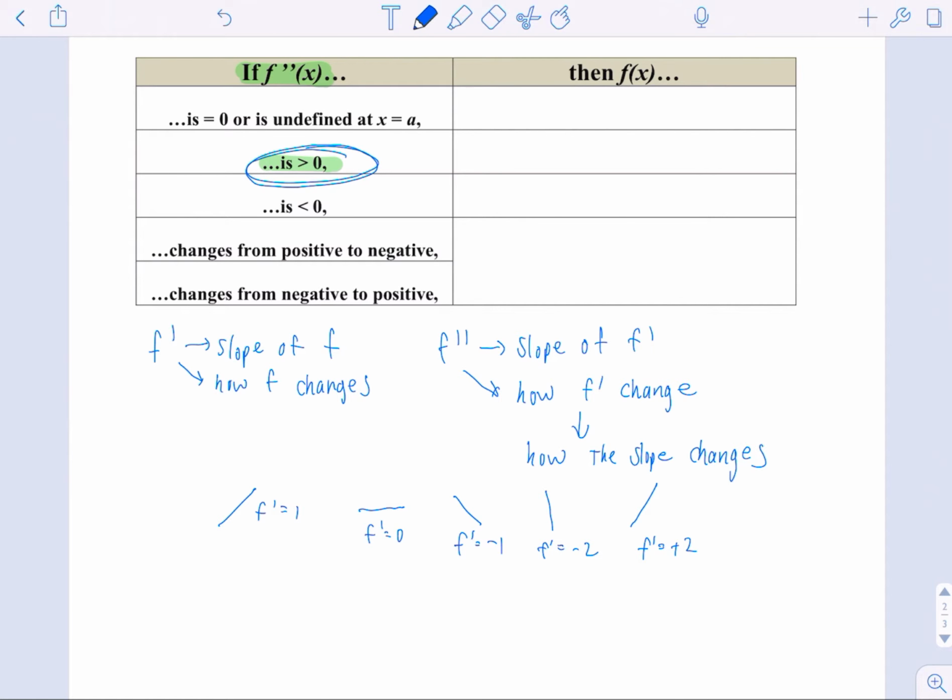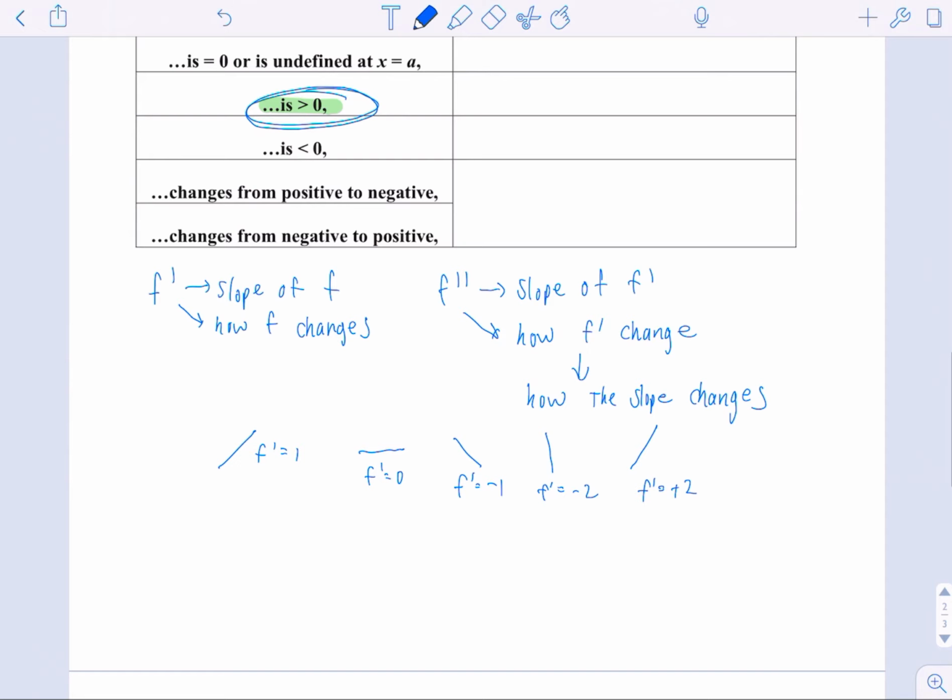Okay, so if we want to figure out how the second derivative is positive, what this really means is how the slope changes to be more positive. Okay, more positive. So basically we want to order it from least to greatest.